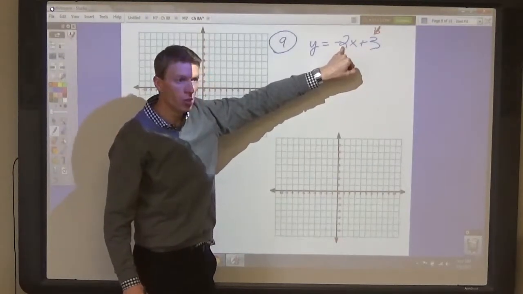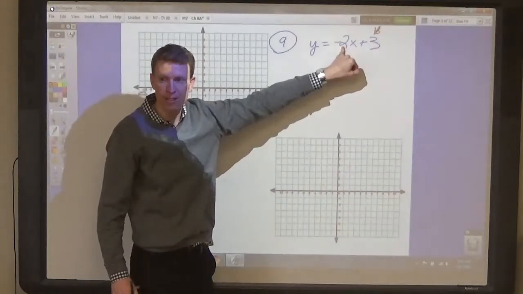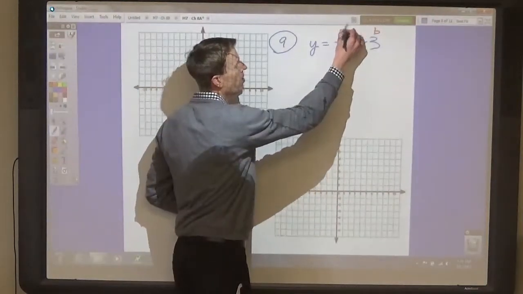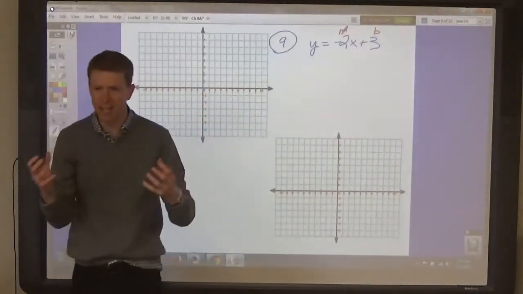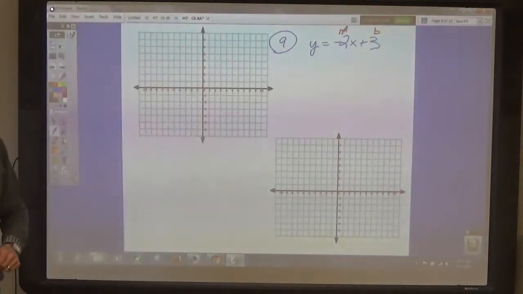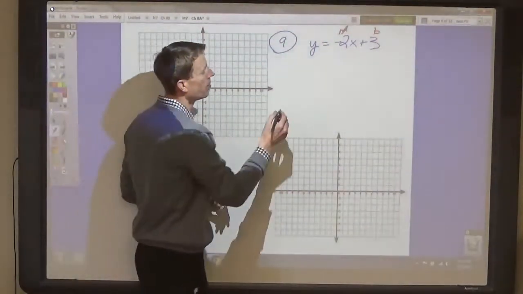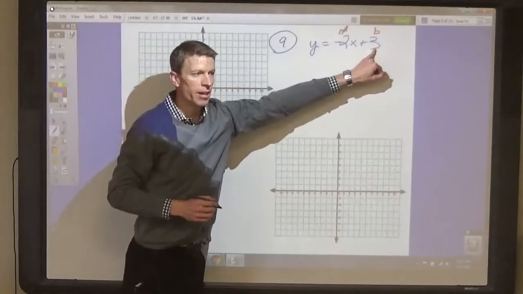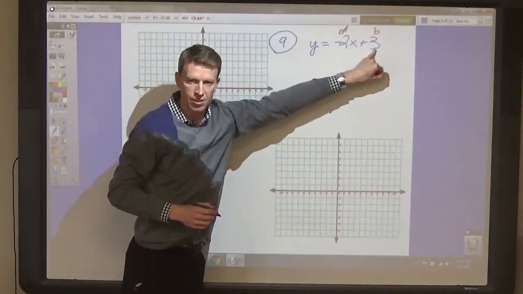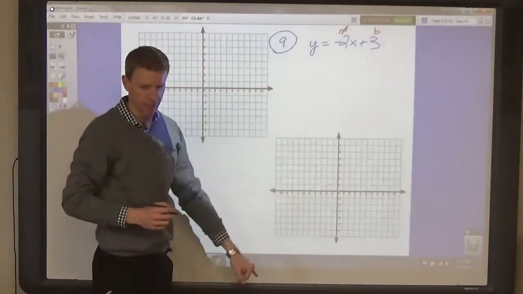So, -2 is the coefficient of x. That's m in the equation. What is m? What does that tell us? M is the what, class? Just say it. The slope. We're going to start and use b first. Mark this point on the y-axis.